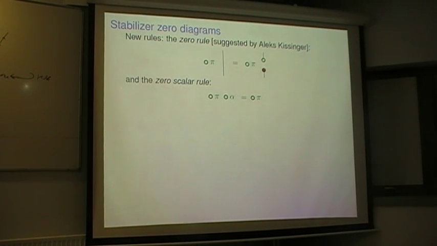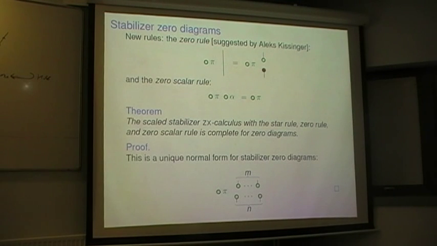And in the scaled case, I've also introduced this zero scalar rule, which allows us to drop scalars that consist of a single node if they're multiplied by zero. Because we can use this rule to disconnect any scalar consisting of two nodes, this one zero scalar rule is in fact sufficient.